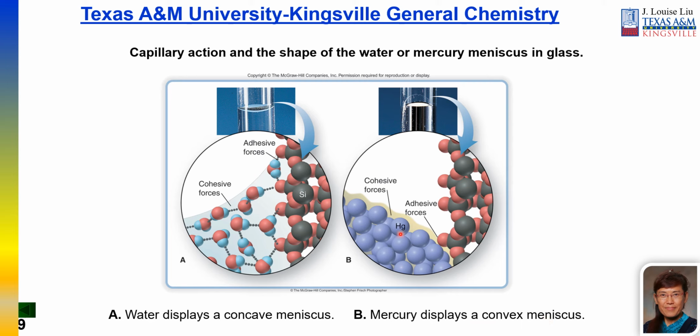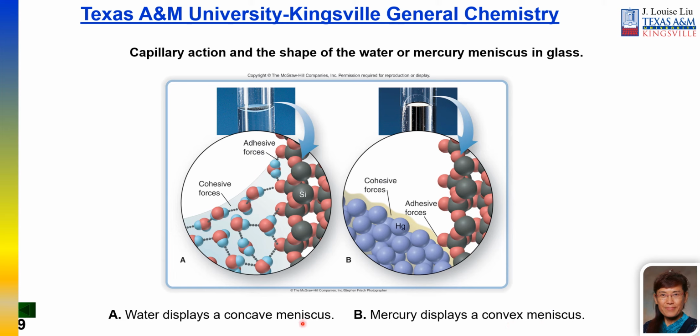The reason is between your mercury and the mercury, you have that cohesive forces, which is from metallic bonding. And your mercury and the silicon dioxide, they have very, very negligible adhesive forces. Therefore, your mercury climbing up by itself is not climbing along the glass wire, but on the other way. So you see a convex.